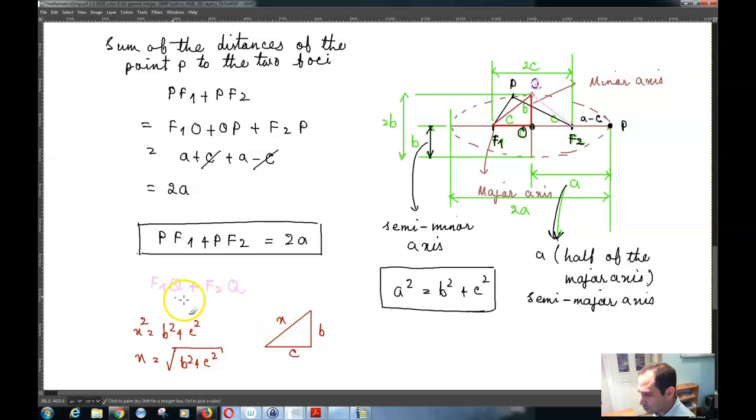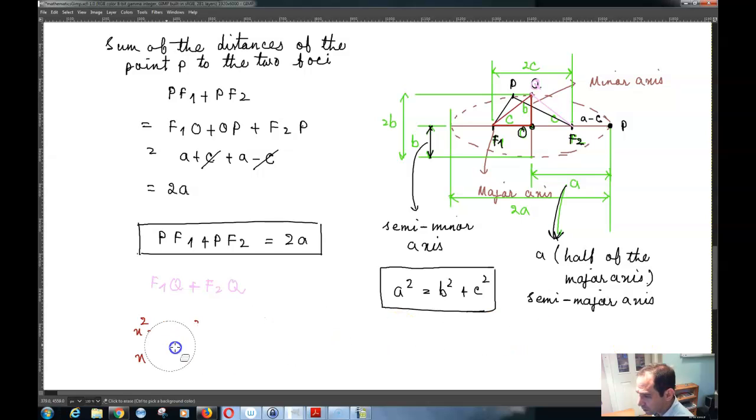So F1Q is equal to the square root of b squared plus c squared, and by the same logic, F2Q is also the square root of b squared plus c squared.